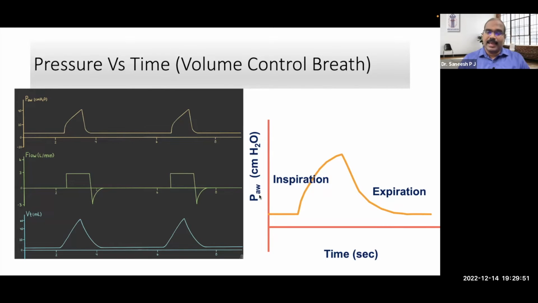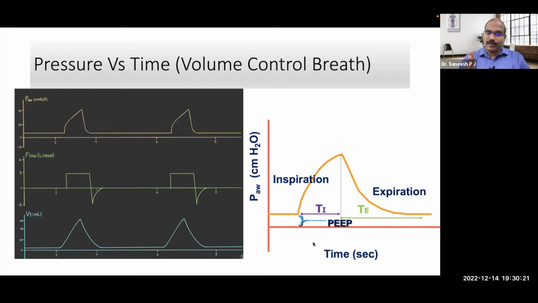Here you can see the airway pressure measured is plotted on the y-axis, and time is plotted on the x-axis in seconds. So the trigger, as Dr. Anoop mentioned, is what starts the breathing cycle. From trigger until this vertical line, that is the end of inspiration or the beginning of expiration, we call it a cycle.